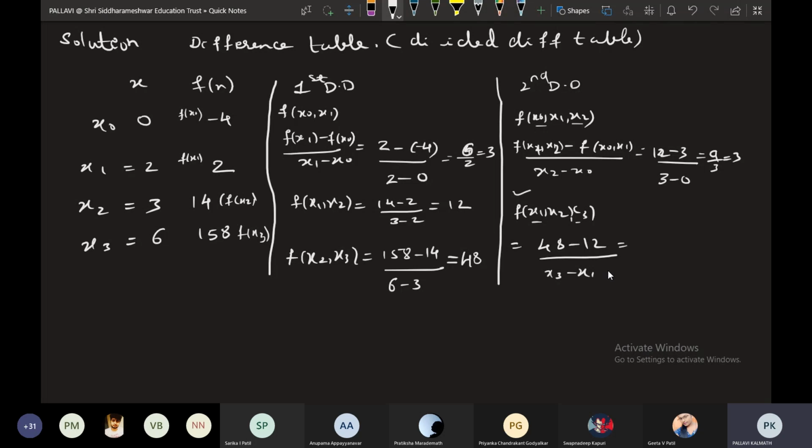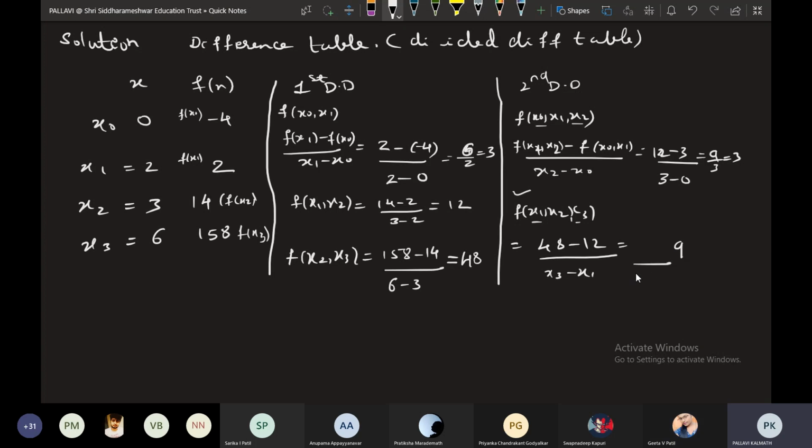What is the x3 value? 6. x3 minus x1 is 2. So how much is the answer? Please tell me the answer. 9?